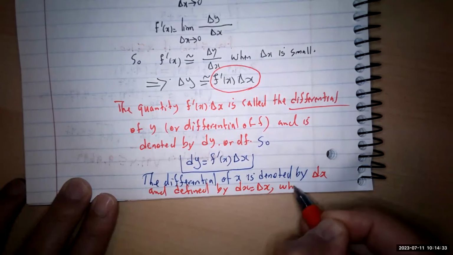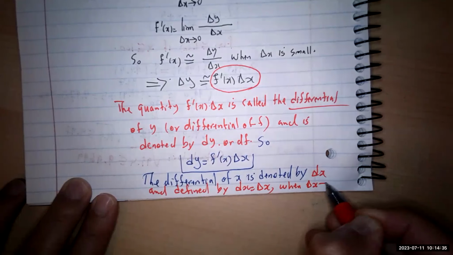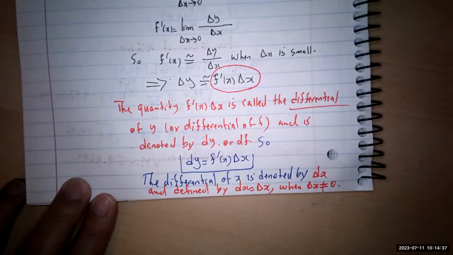Of course, when there is a change, delta x is not equal to 0.